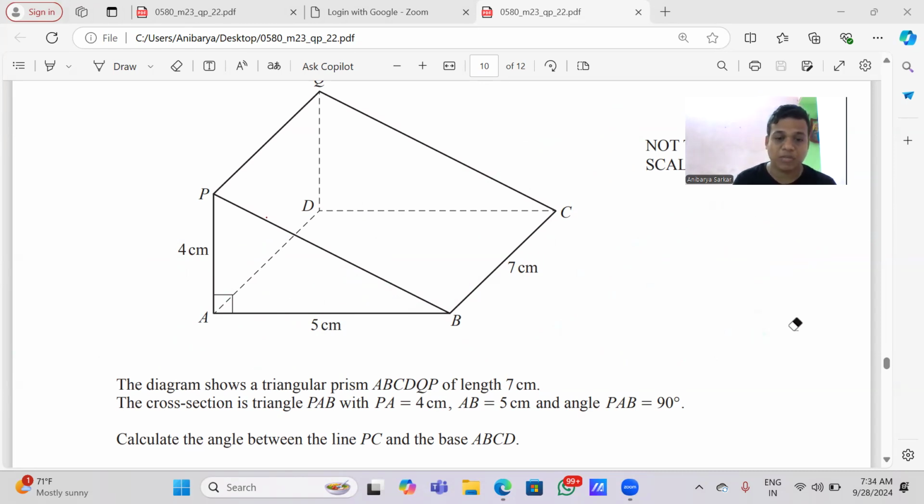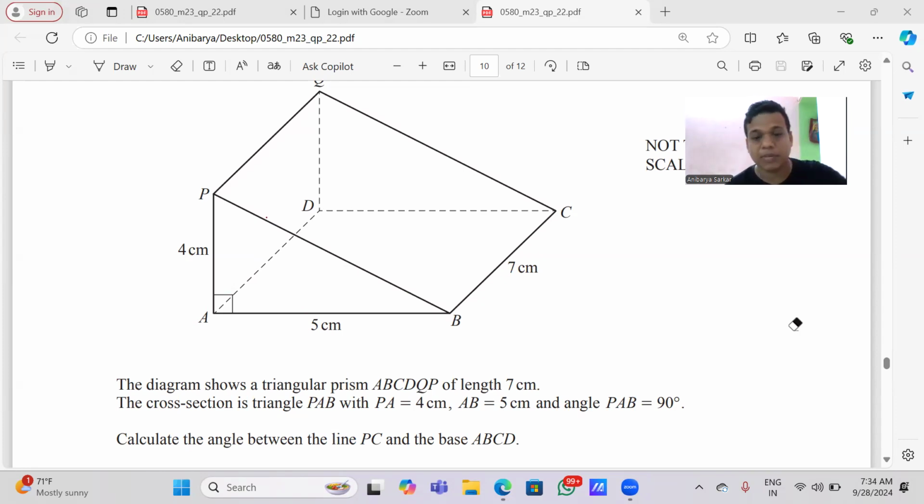The cross section is triangle PAB with PA is 4, AB is 5, and angle PAB equal to 90 degree. Calculate the angle between PC and ABC. Okay, calculate the angle between PC and ABC.